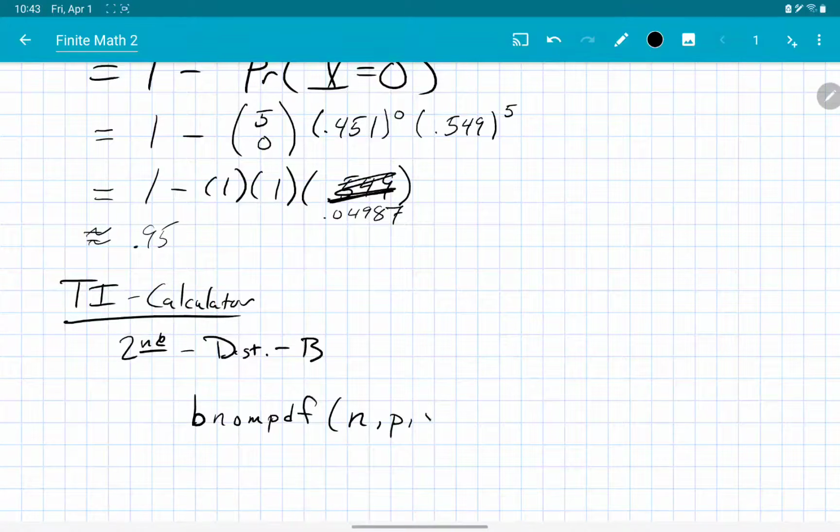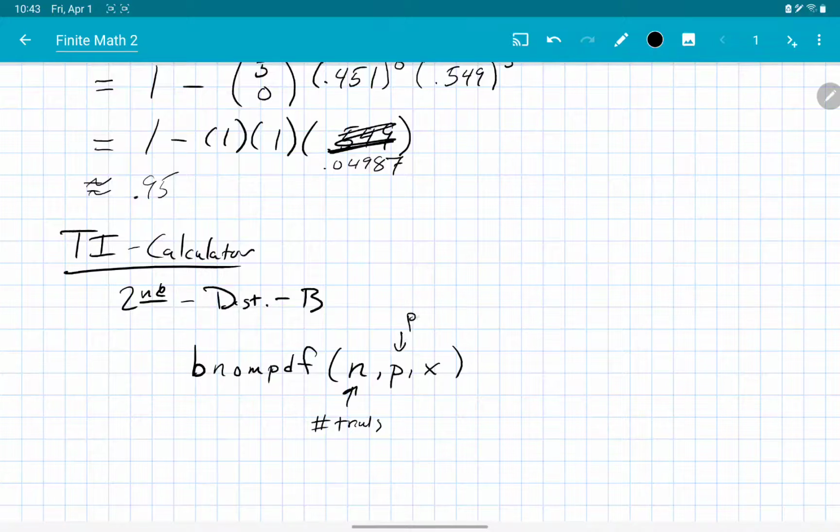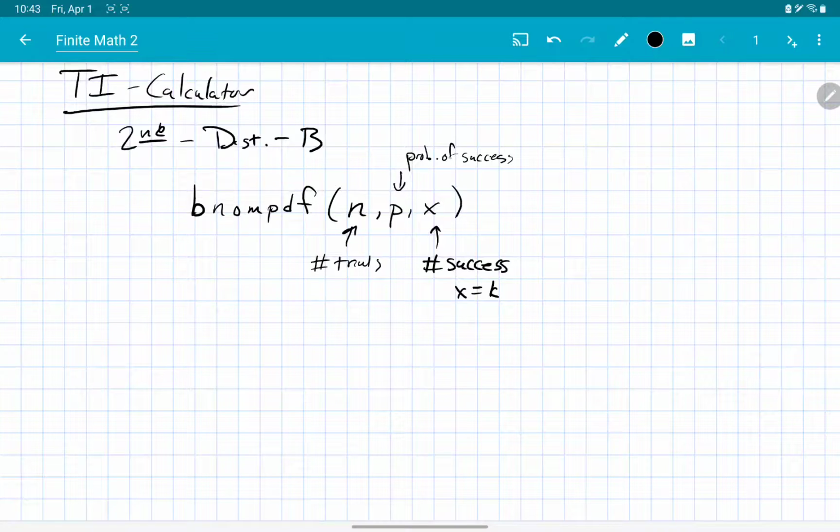There are 3 arguments that you put in here: the number of trials, the probability of success, and X, the number of successes. As far as our book is concerned, X is the K that we've been talking about. If you want help with that, I'd be happy to help you in the time we have remaining.